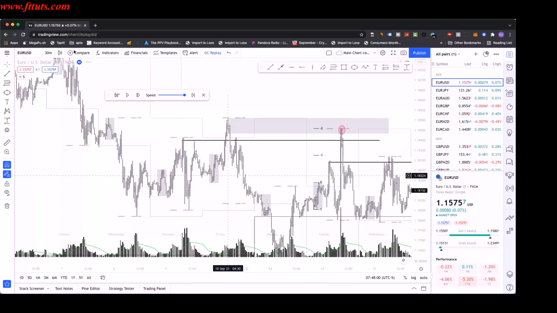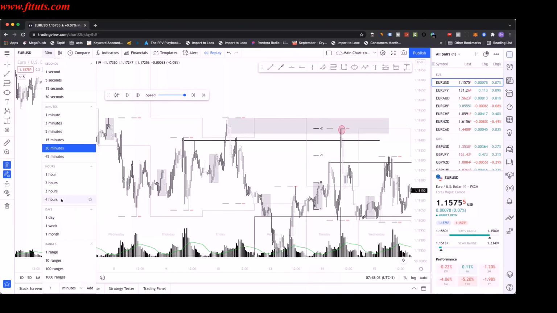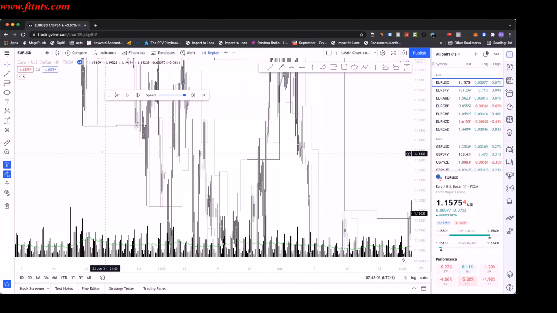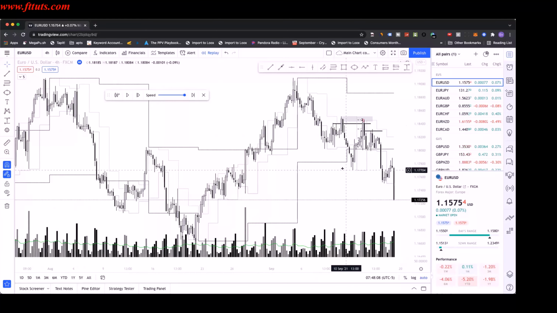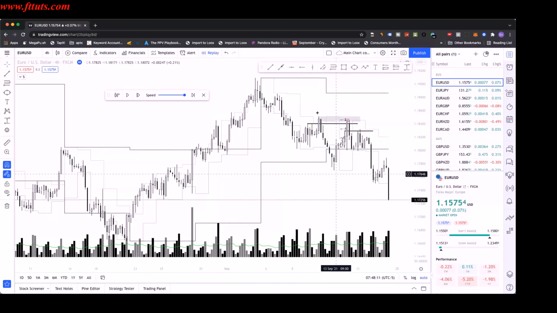See this? This was that aggressive move. We have a break of structure. We have a premium level above 50 to take a sell into, and we're catching this head and shoulders here, or this QM.